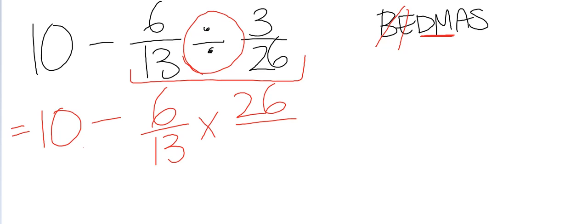So 26 over 3. Now we're done with division, but now we have multiplication. So I'm going to first simplify this before I do anything else. So I can cross out 26 and 13, because 13 divided by 13 is 1, and 26 divided by 13 is 2.